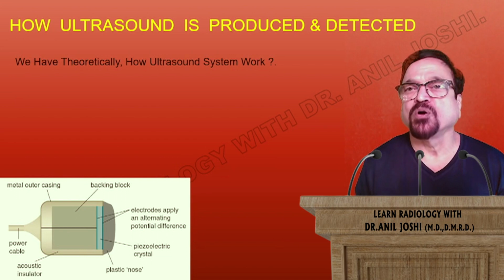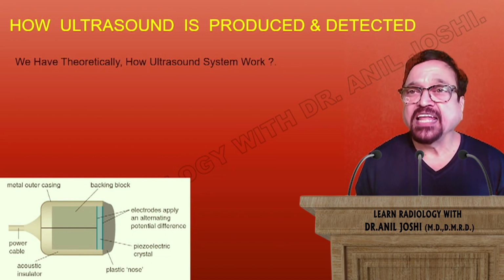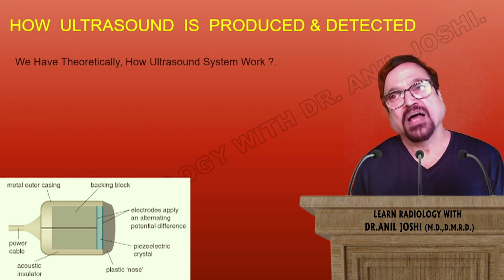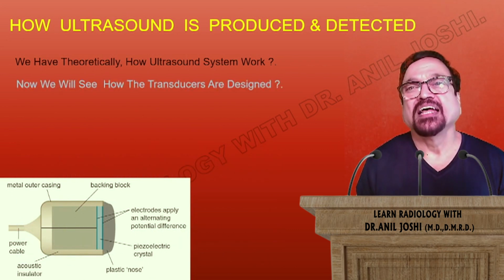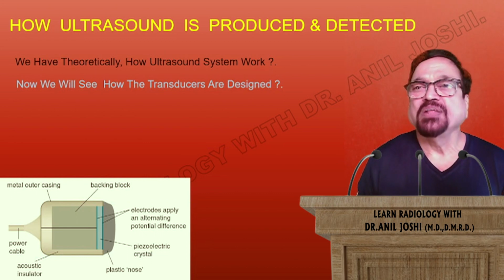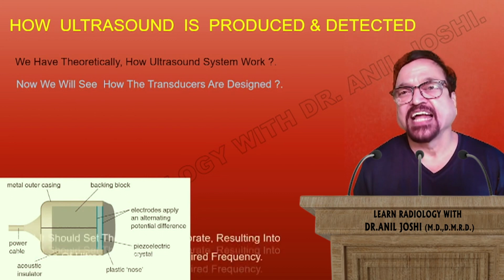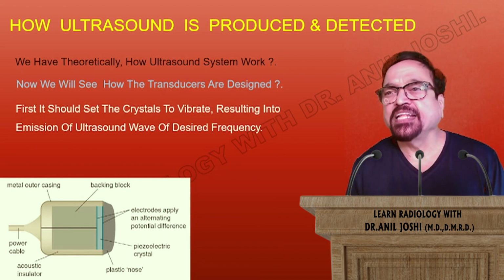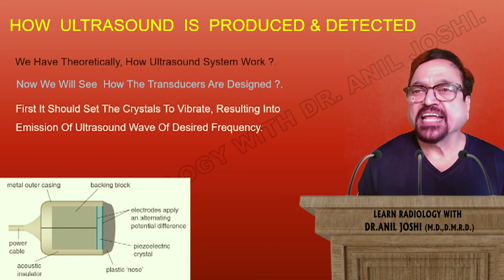We have theoretically seen how the ultrasound system works. Now we will see how the transducers are designed and what the preliminaries are. First, it should set a crystal to vibrate.